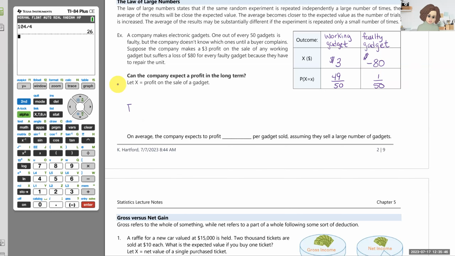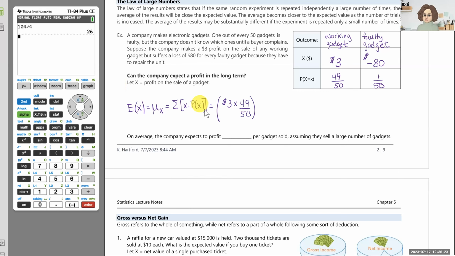So the expected value of X, again, it's called the population mean for that random variable. So we're looking at adding each X times its probability. And I just put them in parentheses for emphasis here. And again, I'm going to include units. So the first X was $3. So its probability, 49 out of 50.